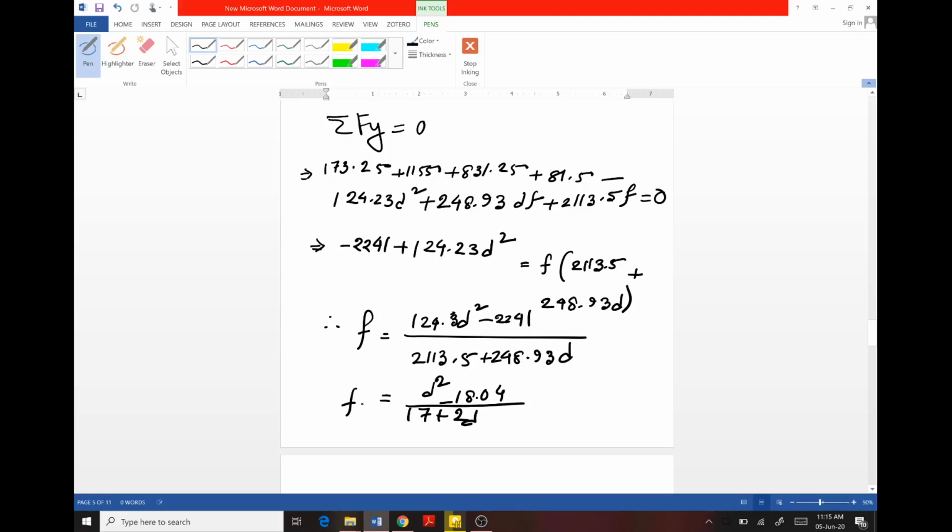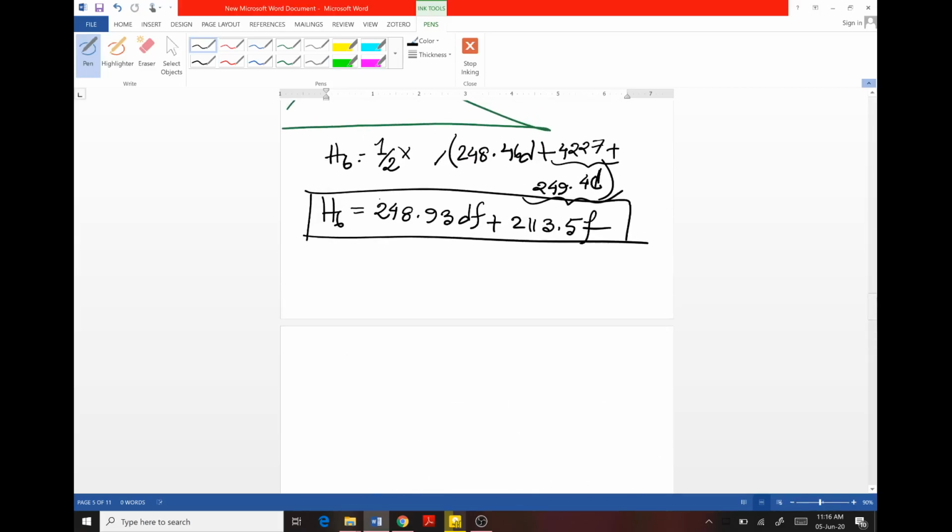Now here is equation 3. There are two unknowns, f and d, and there is only one equation. We need to determine another equation. With two unknowns and two equations, we can find the values of f and d.